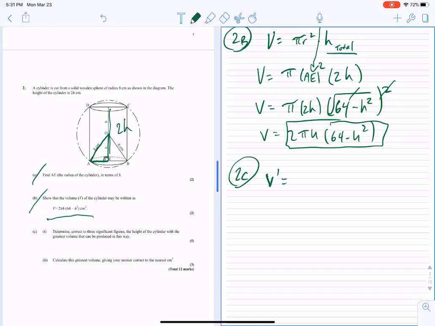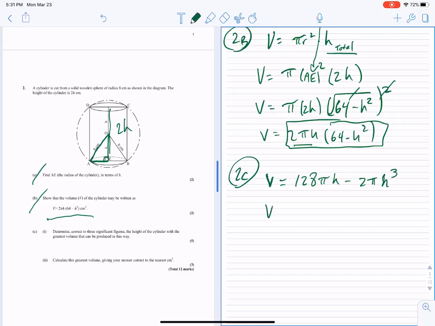So I'm going to take the derivative of this with respect to h, but before I do that, let's rewrite this equation for V. I'm going to distribute this 2 pi h into here. So V is equal to 64 times 2, it's 128 pi h minus 2 pi h cubed, okay?